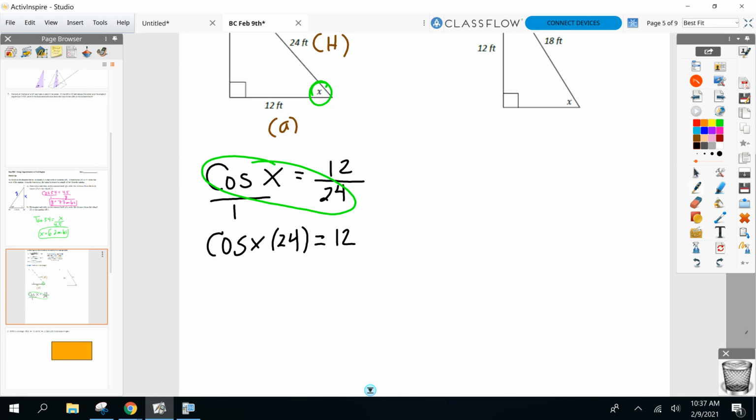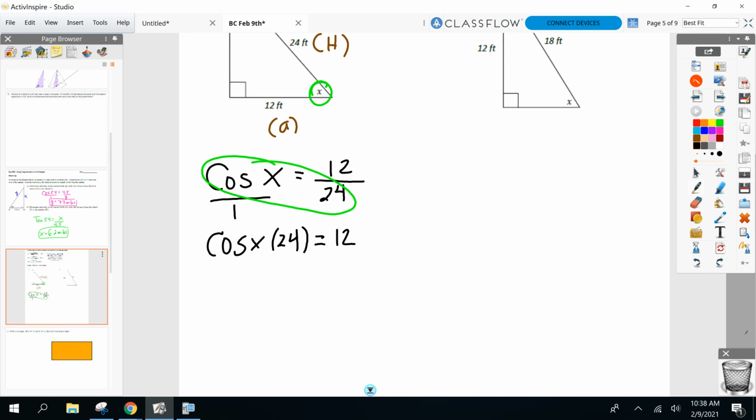How are you going to get x by itself now? You're not going to divide by cosine of 24 because there is no 24 degrees in the problem. So that's out. You can't divide by cosine 24 because no such thing exists.